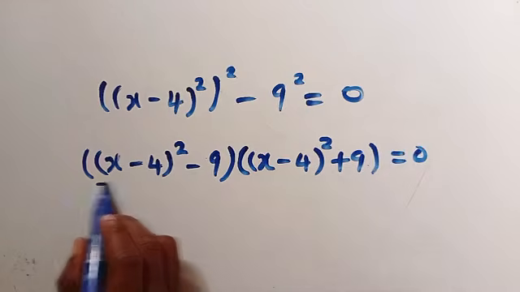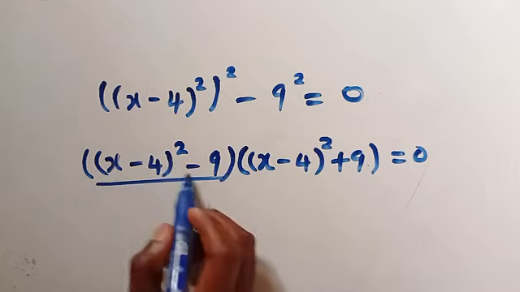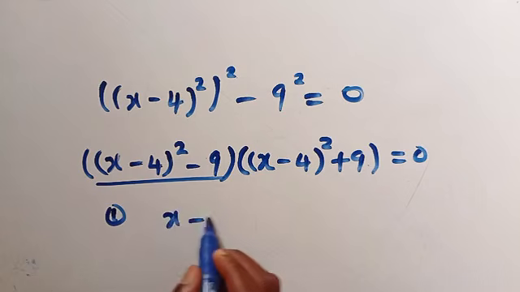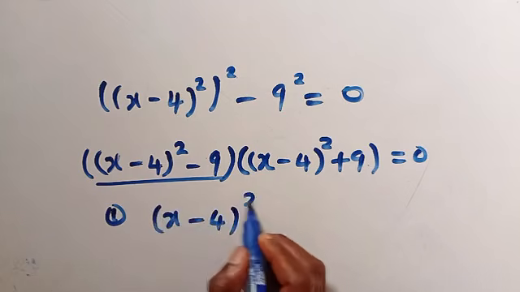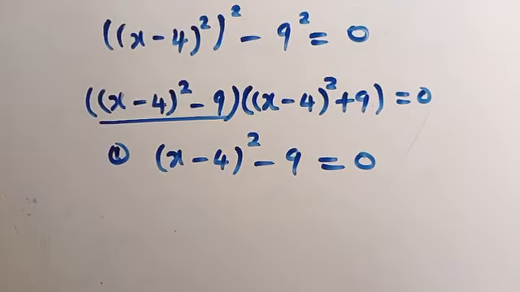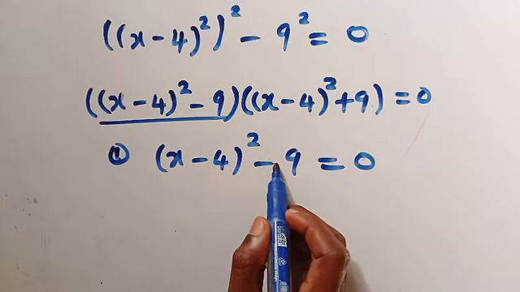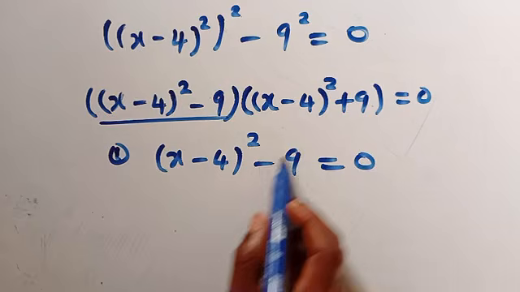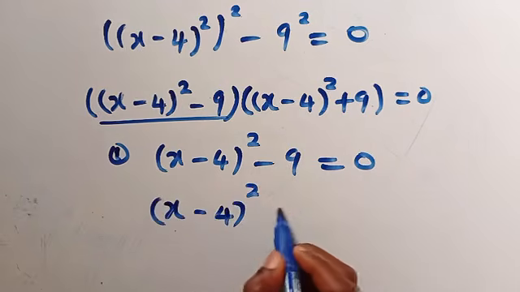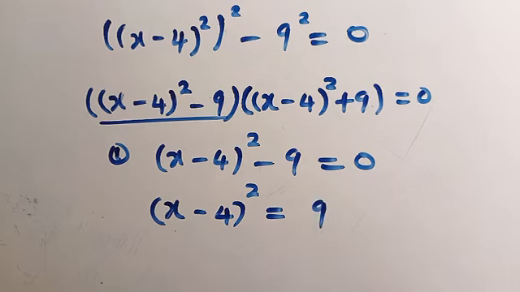So by considering the first case here, we let x minus 4 raised to power 2 minus 9 be equal to 0. Here, let's take this minus 9 to the other side, as we have x minus 4 raised to power 2 equals plus 9.